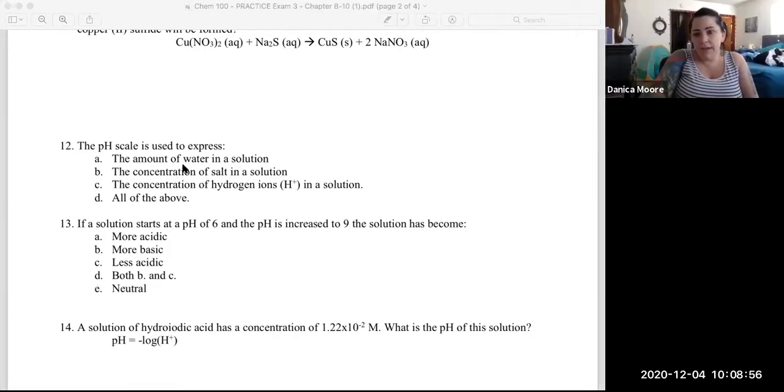They have to do with solutions in general, but they're not pieces of information that we could get from the pH. So the only piece of information that we get from the pH directly is the concentration of hydrogen ions.